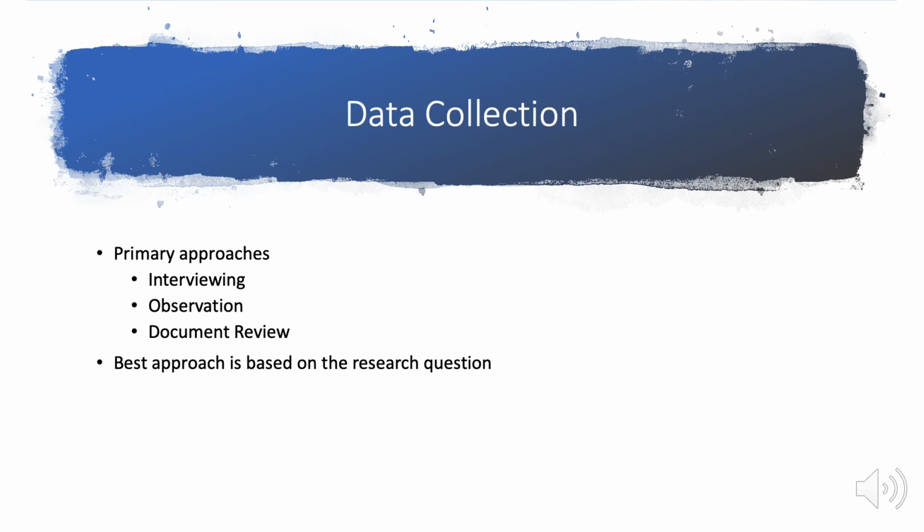So data collection, just to review, the primary approaches for data collection in qualitative studies are interviewing, observation, and document review. And the best approach is based on what you're trying to learn and what the research question is.